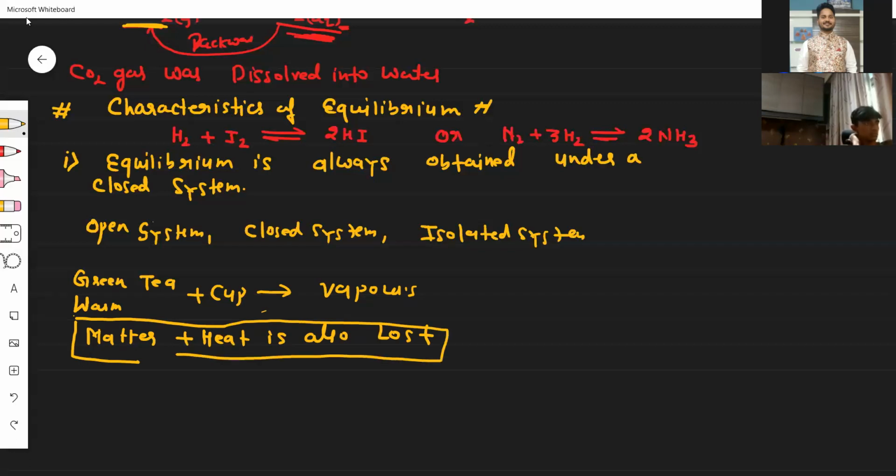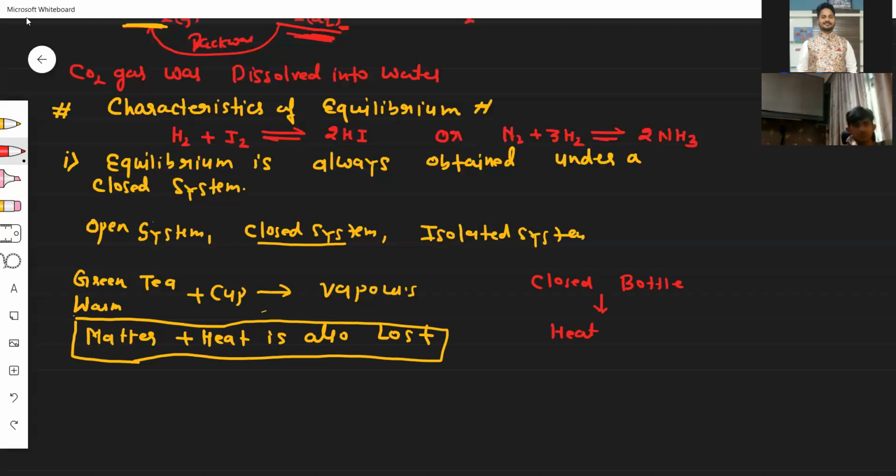Now we'll talk about the closed system. Now you keep the green tea in a closed bottle. When you put it in the closed bottle, is the heat going to be lost or not?